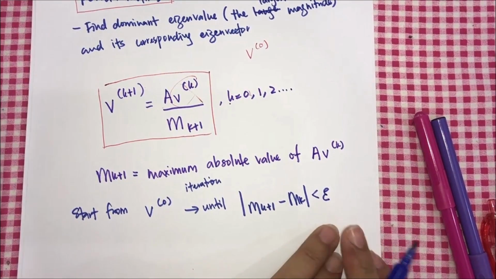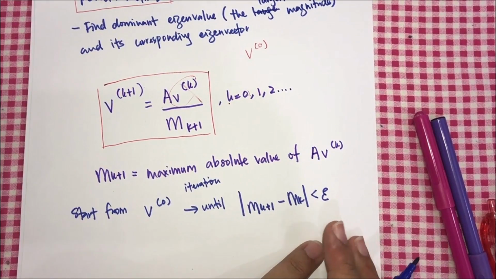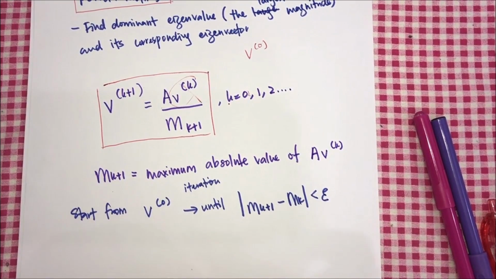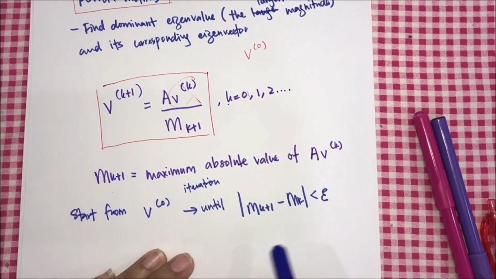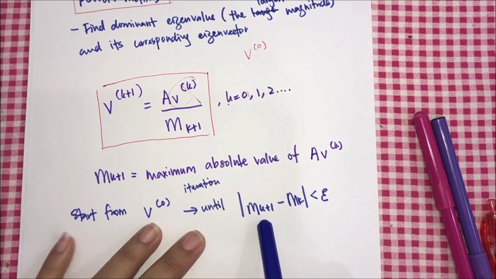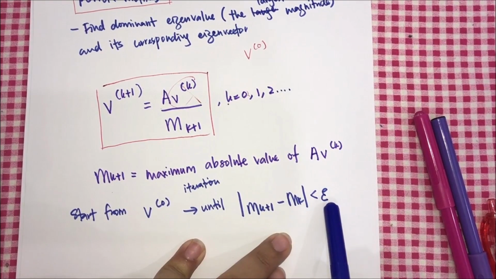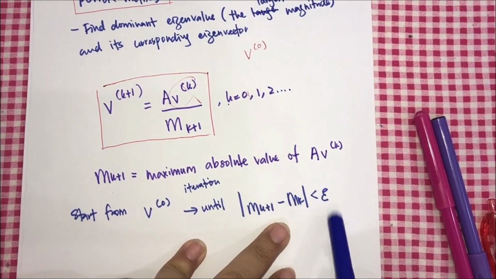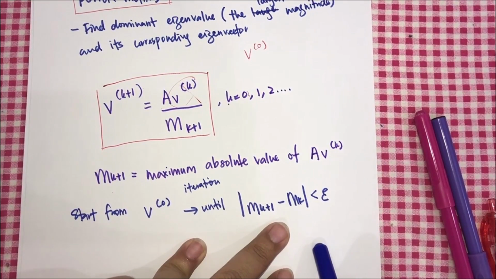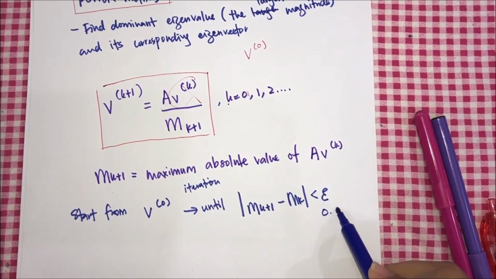I think this is similar to the previous chapter, chapter 3, where we normally find the value of x and iterate until the last one minus the second last is less than epsilon. If you are doing the calculation in 3 decimal places, the difference has to be less than 0.005.